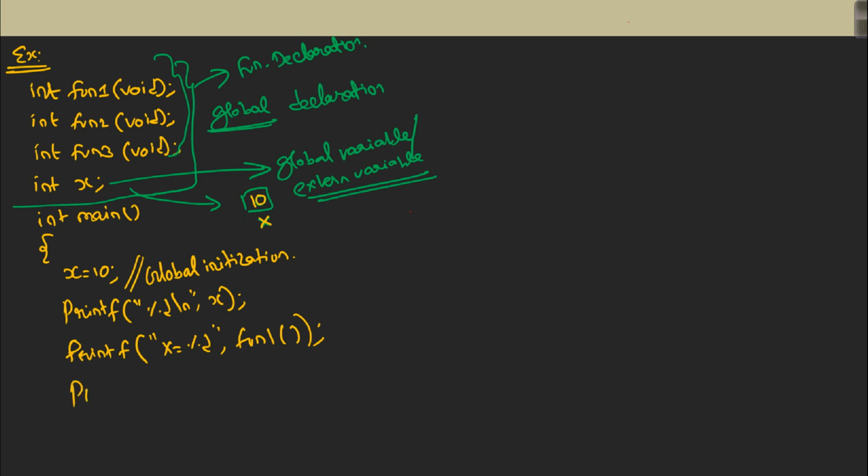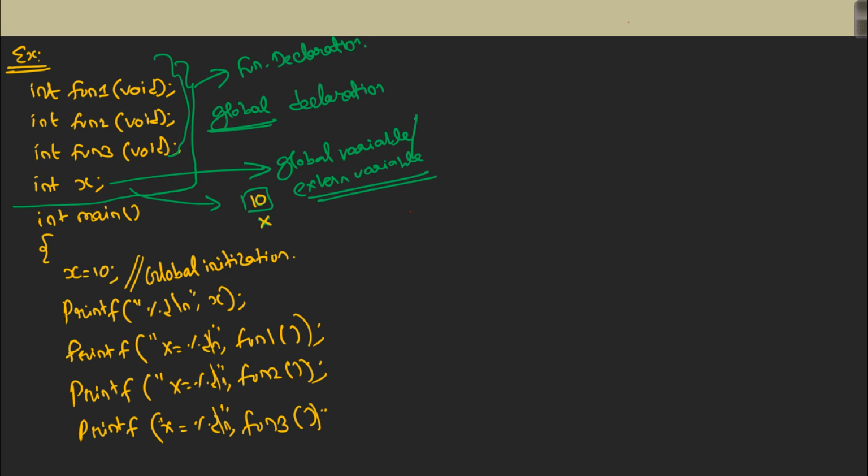Again printf("x = %d", function2()), calling function 2 and printing the result. Printf("x = %d\n", function3()), you add the slash n here so the output will not come on the next line. Then you just return 0 and close it, right?